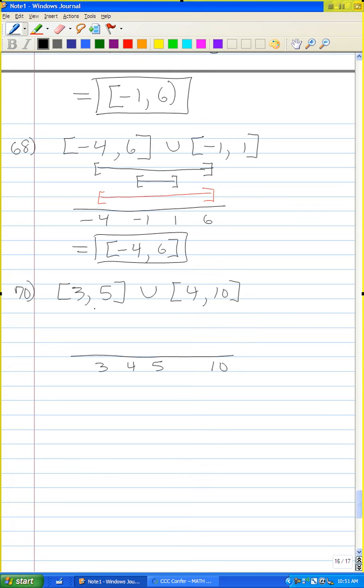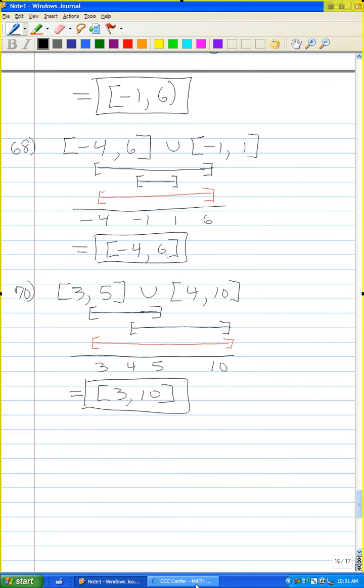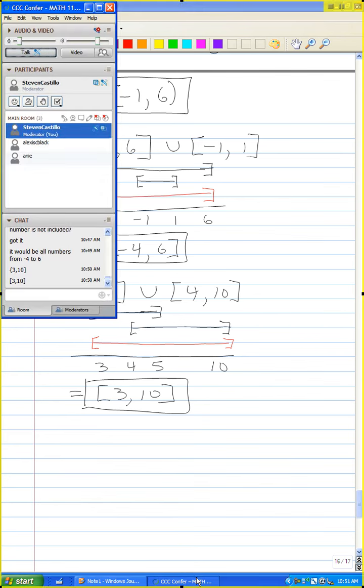So I go from the closed interval from 3 to 5, and the closed interval from 4 to 10. Therefore, the union will be everything from 3 to 10. Yes.